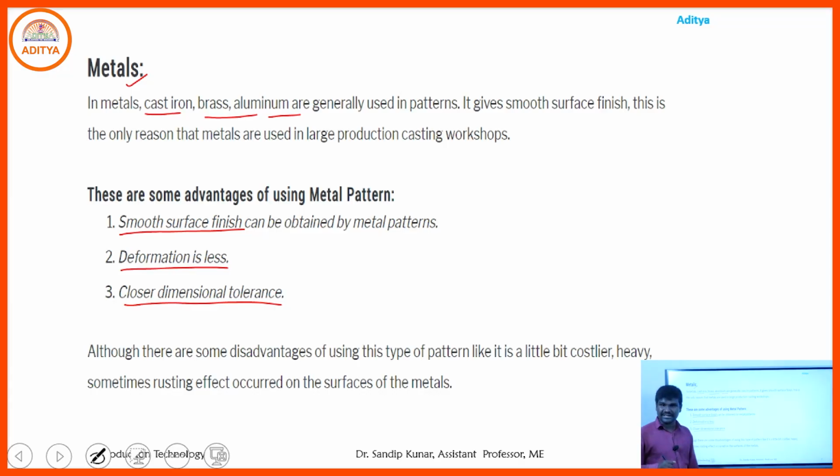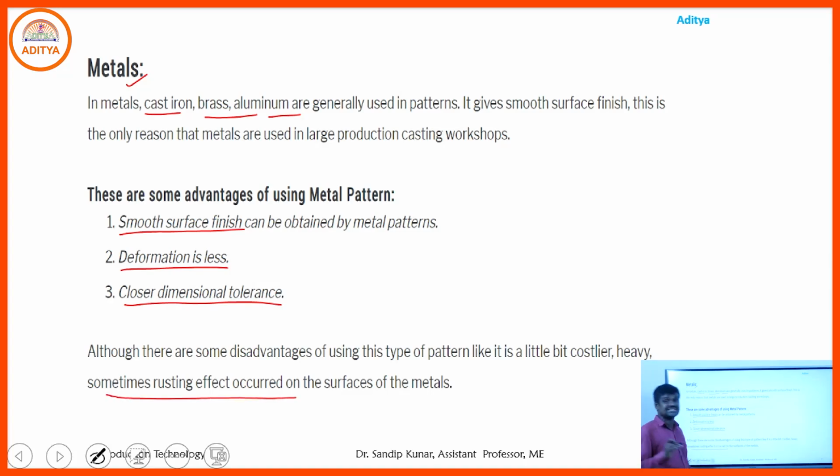What are the disadvantages? Disadvantages of the metals: it is very costly, and it is also heavy. Sometimes some pattern materials have very high weight, and due to higher weight we sometimes avoid some metals as pattern materials. And another thing, it will produce some rusting.